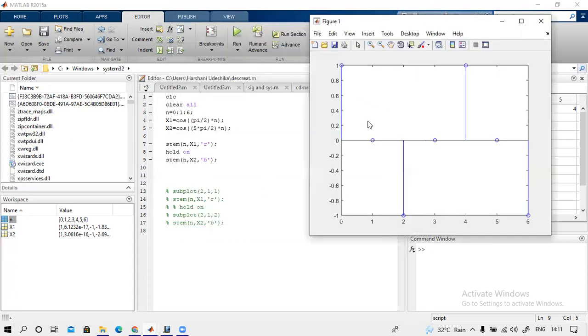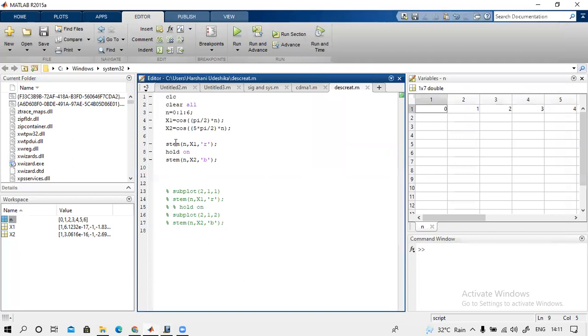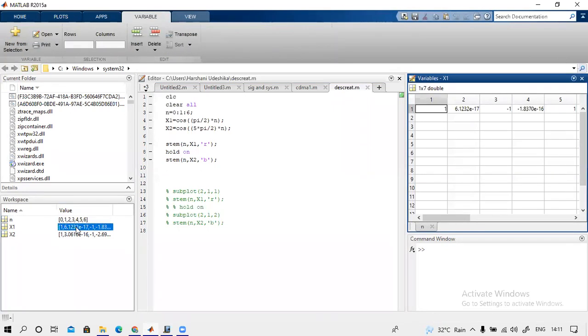The red values are drawn first, then the blue values are drawn. Inside the blue values there should be the red values, but you can't see them because they are covered by the blue values. So I will plot them separately. For x1 you will get this value, and for x2 you will get the same value, 0.016.